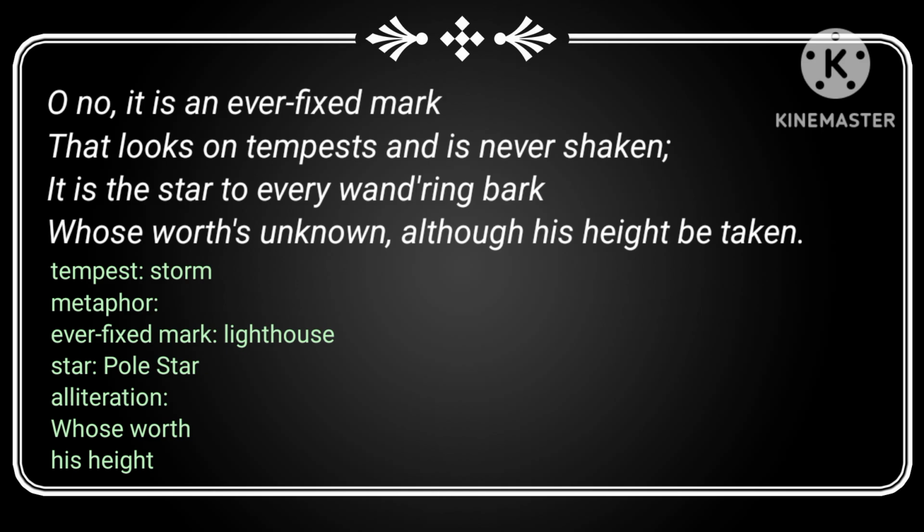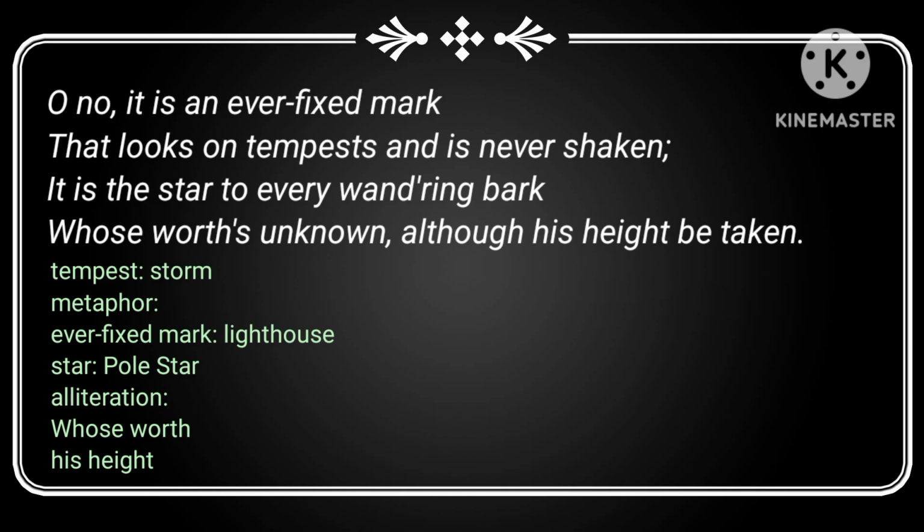Now, a lighthouse is a tower that is fixed. It is a fixed structure and it guides and directs the ships. That looks on tempests. It warns the ships of tempests, of storms, and is never shaken. It is fixed. It is stable.